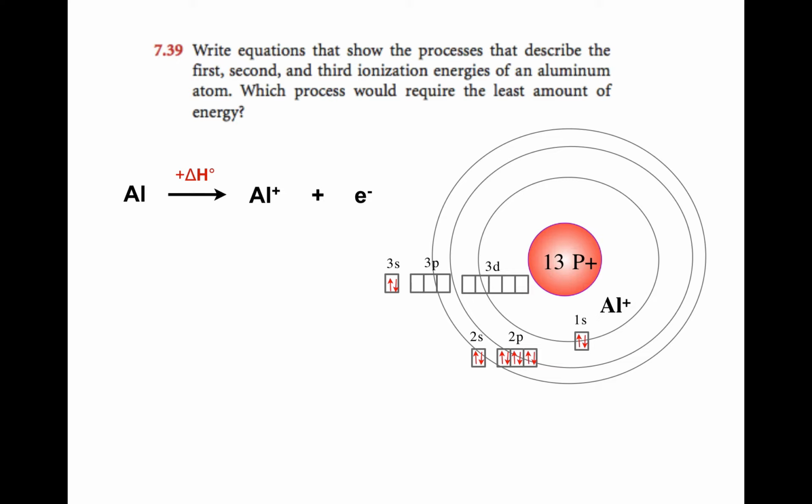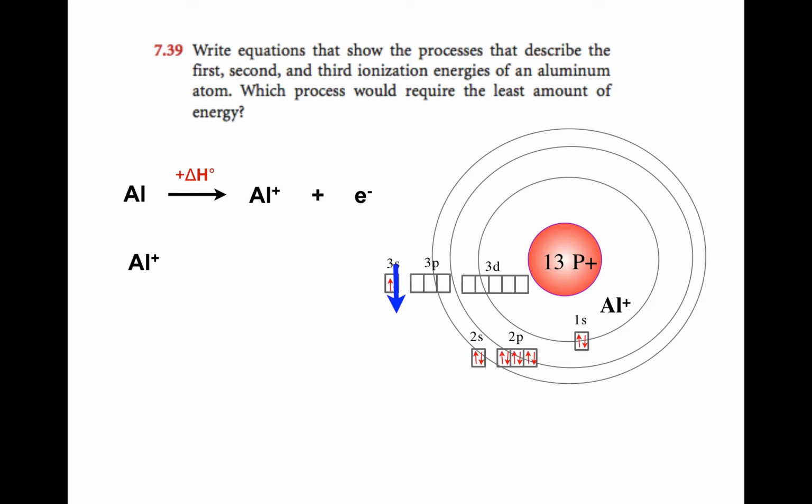There's still electrons left in the third energy level. So aluminum plus is now losing an electron to form aluminum 2 plus, and that electron is going to come out of the 3s. Now, there's less electron repulsion as you take electrons out of the third energy level, so it's harder and harder to take electrons.